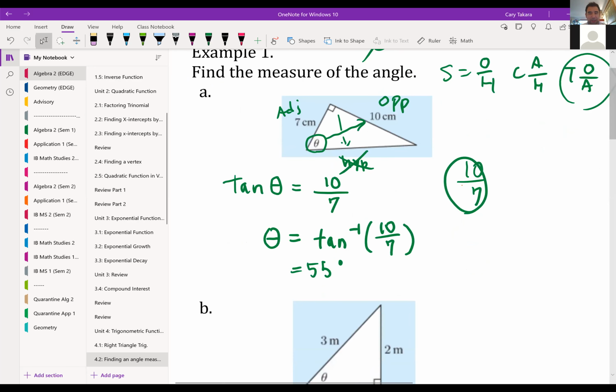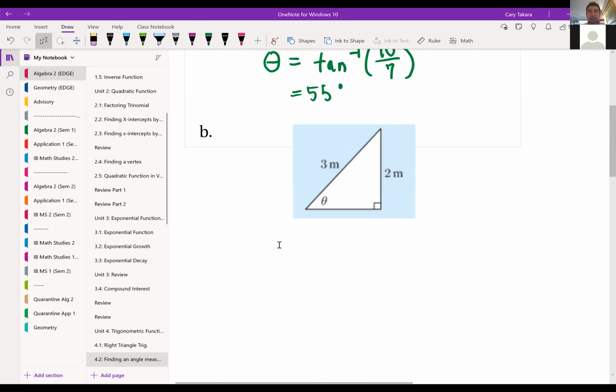Okay, let's try one more time. So Sophia shared a trick to use a cell phone calculator. Please take a look at the chat.